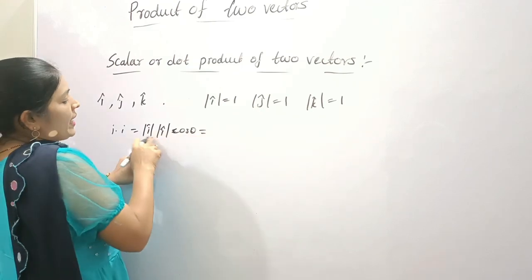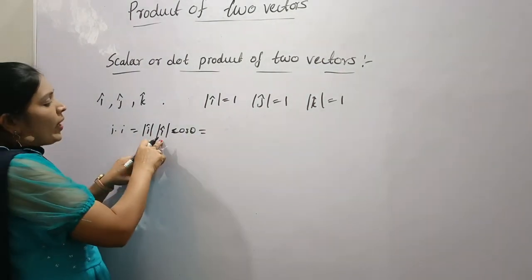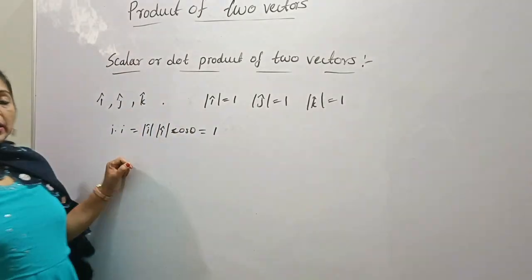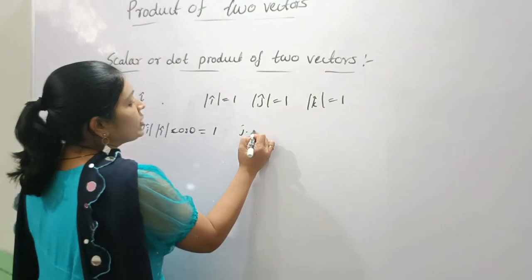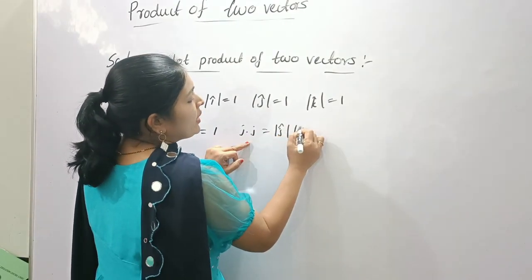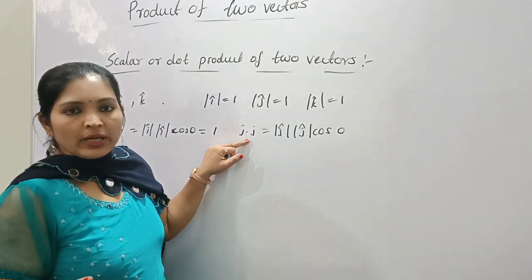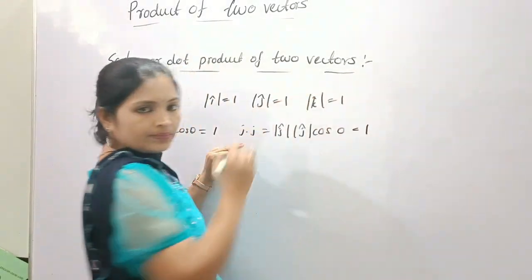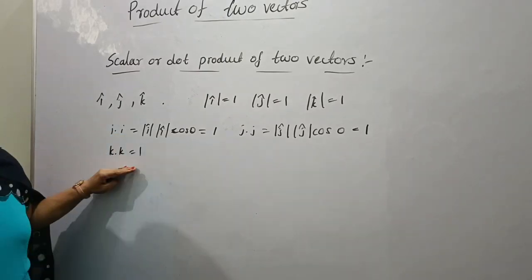What is the modulus of i? 1, right? So 1 into 1 is 1. Therefore, i dot i is equal to 1. What is j dot j? That is modulus of j into modulus of j into cos 0. The angle is 0, right? Therefore, it is also 1. Similarly, k dot k is also 1.